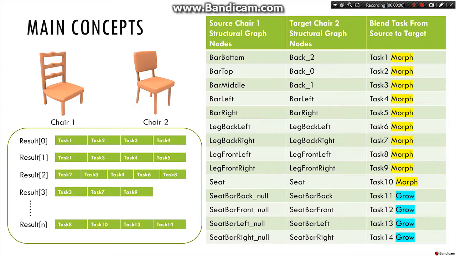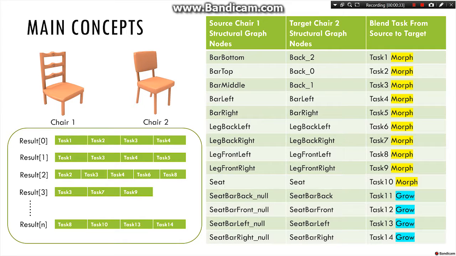Here is an example of two chairs with different topology structure. You can observe the result of correspondence matching between two structural graphs in this table. Based on the type of nodes we have, different blending tasks will be generated for each pair of nodes, such as morph, if both shapes have the node, or grow, if the source shape does not have the node but the target has, and shrink, which is not applicable in this case, if the target shape does not have the node but the source has.